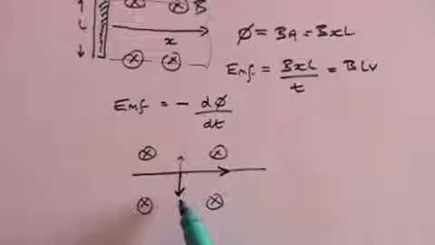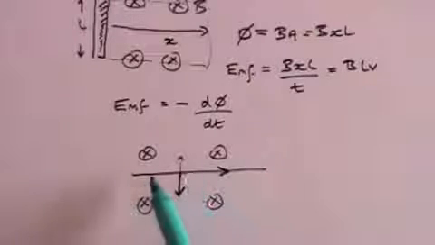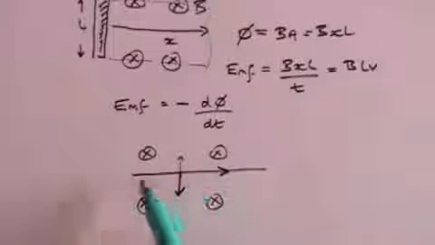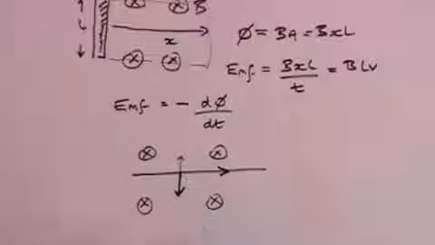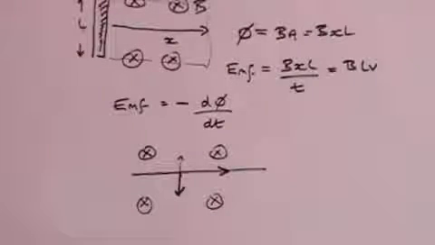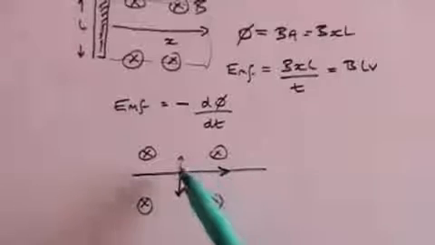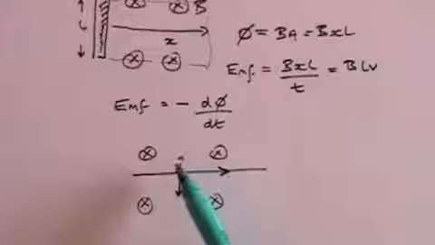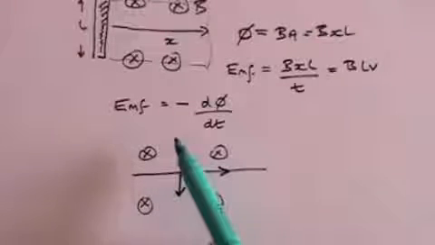But that moving down even more would create an even greater current. And that greater current would cause it to move down even more, and that would cause an even greater current, and that would cause it to move down even more. You would get this perpetual feedback. And that's why Lenz's law says, no, it's the other way round. When you move the wire down, the current flows in such a way as to create a force in the opposite direction.